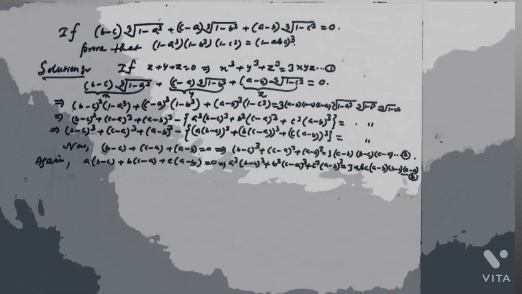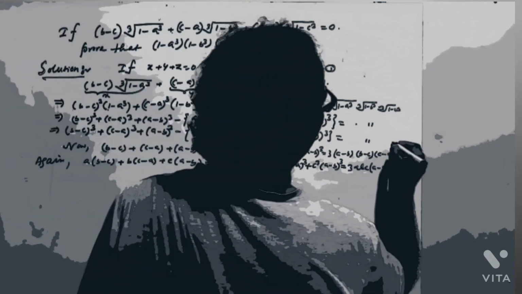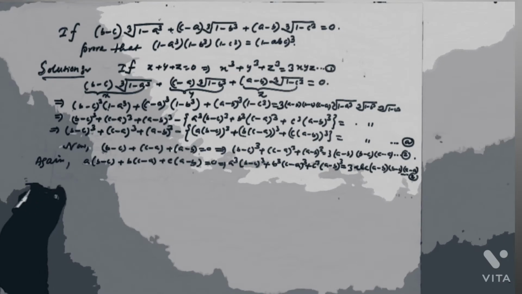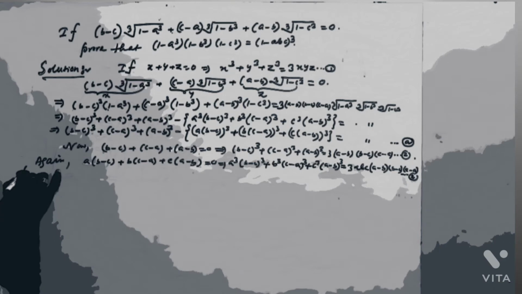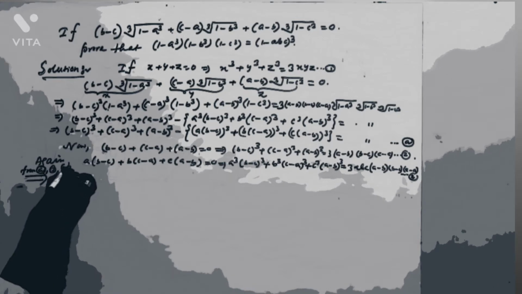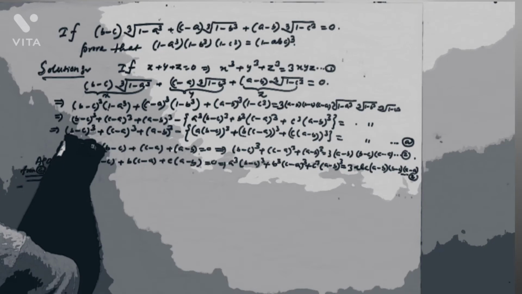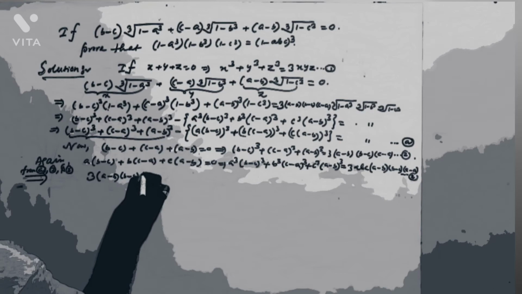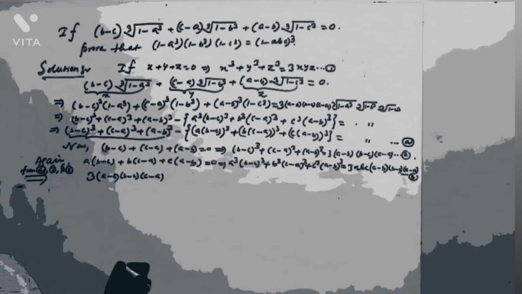Now here, from equations 2 and 3. So for this figure we can write here, this is 3 times (a minus b)(b minus c)(c minus a).